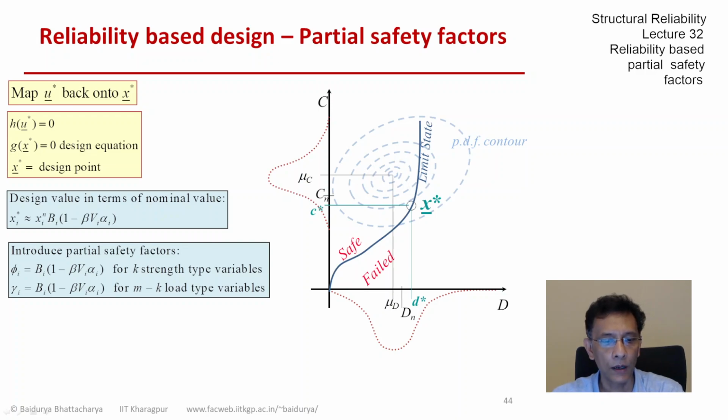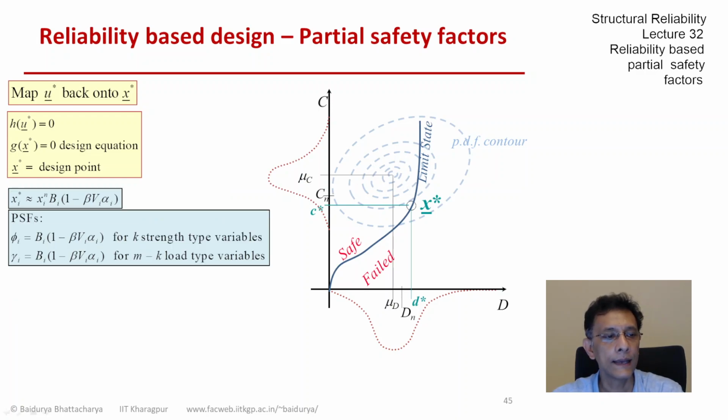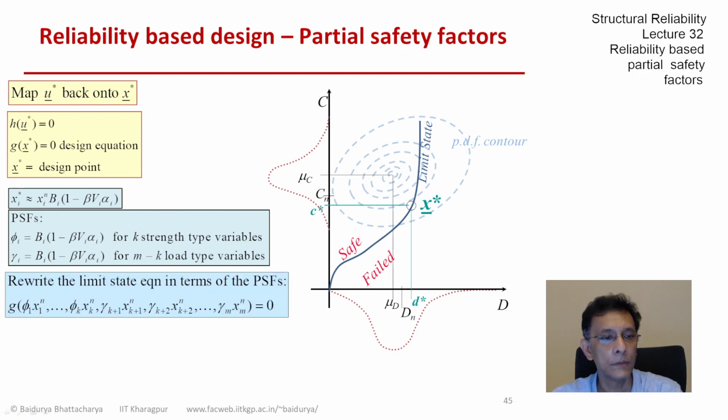Now, with these partial safety factors, we can rewrite the limit state equation, g of x star equals 0 at the design point, in terms of these partial safety factors and the nominal values. And this actually takes us closer and closer to a design equation.